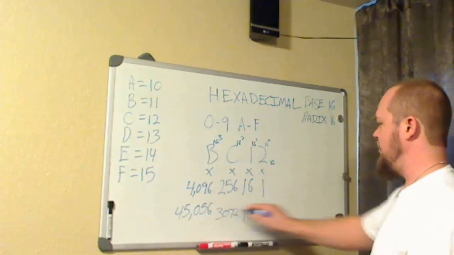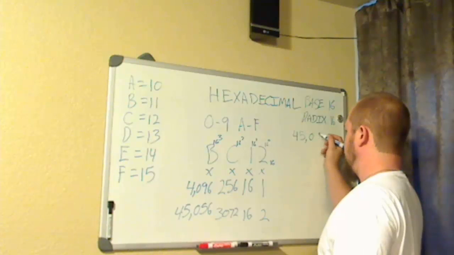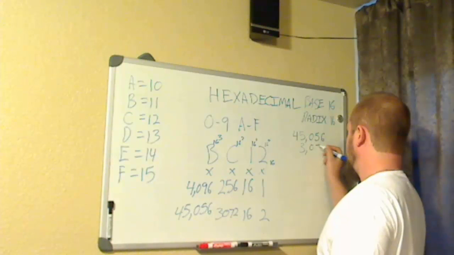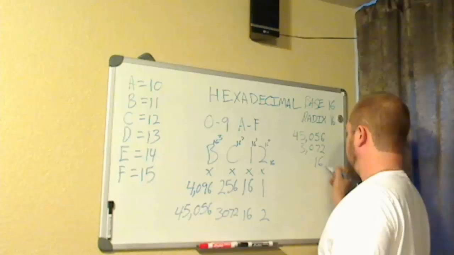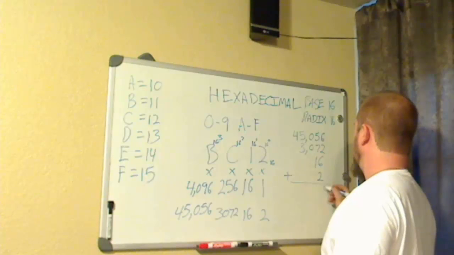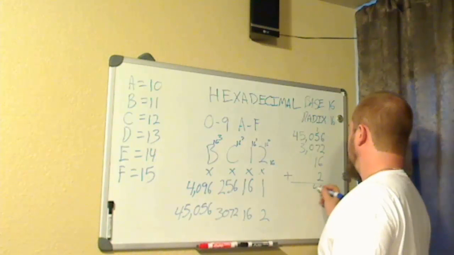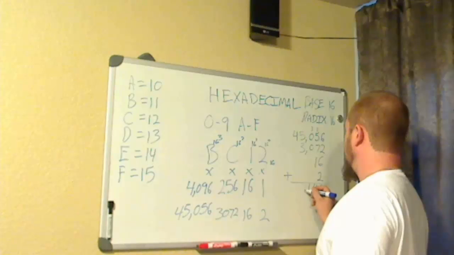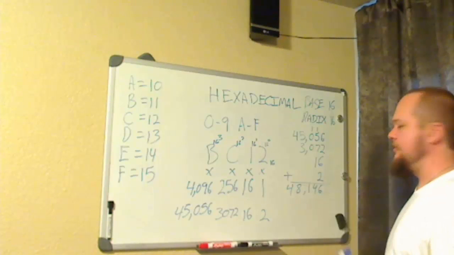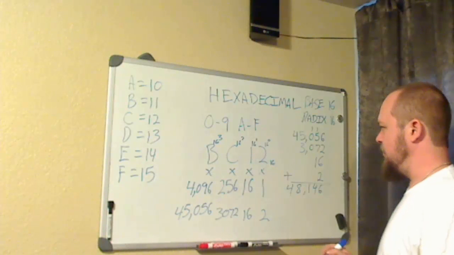Now, if we take all these numbers below and add them together, 48,146 in decimal is the equivalent to BC12 in hexadecimal.